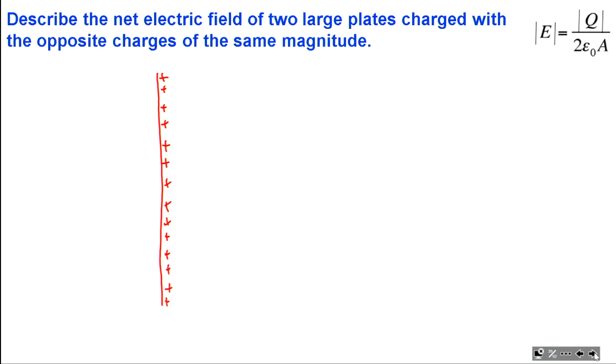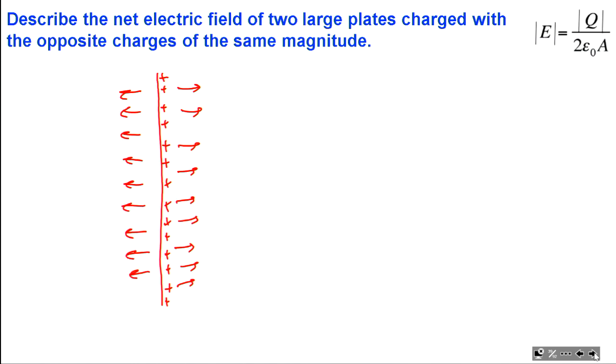So the electric field should point away from positive charges. That's what away means. Away may mean to the right. Away, the same word, may mean to the left, depending on our physical location.